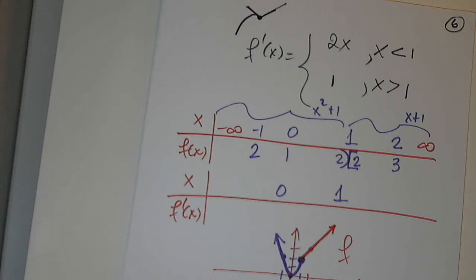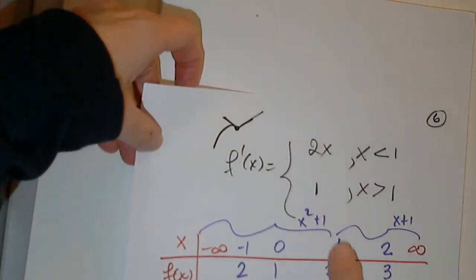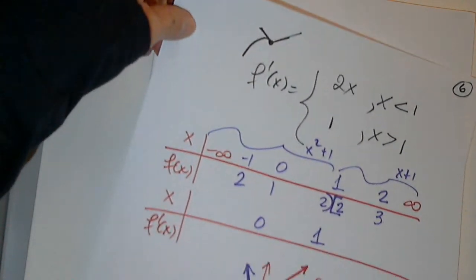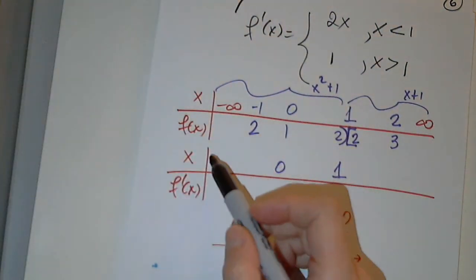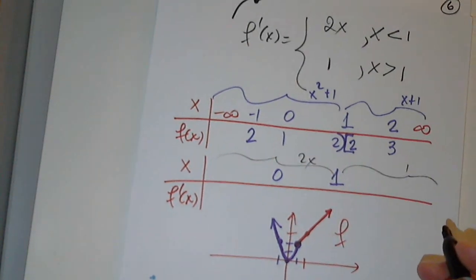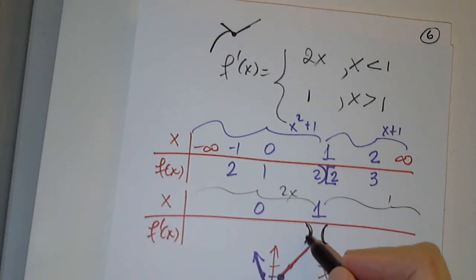Now we're doing the same thing for the derivative. It's just that the derivative to the left-hand side of 1 is 2x, and to the right-hand side of 1 is 1. So here, 2x, and here is 1. And don't forget parentheses.